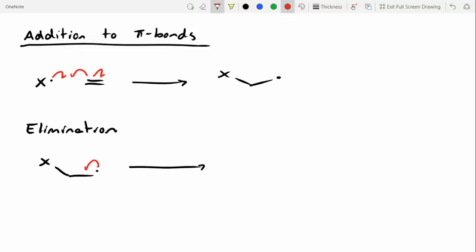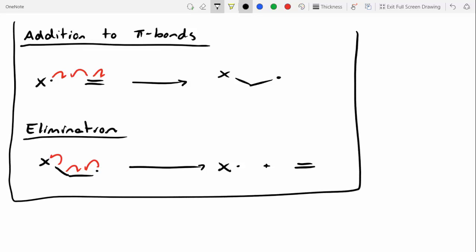And then this other half of the sigma bond will get dumped over onto that halogen. There we go. So now we've got our halogen radical and we've got our alkene back. So these are essential for propagation of radical reactions.